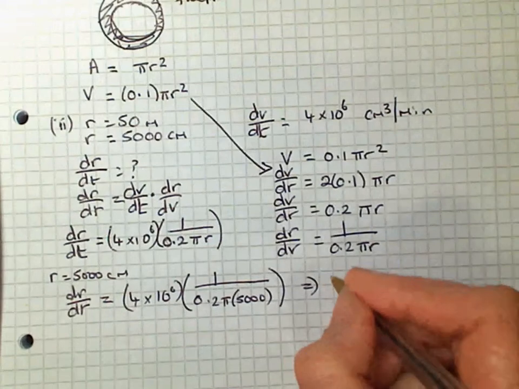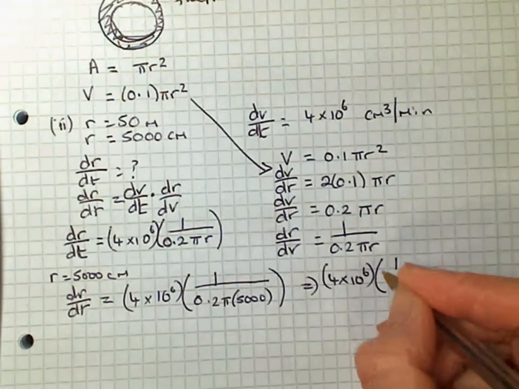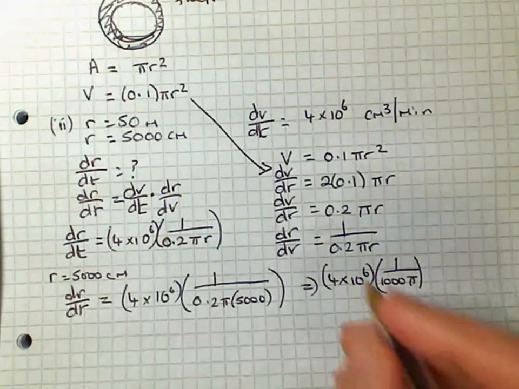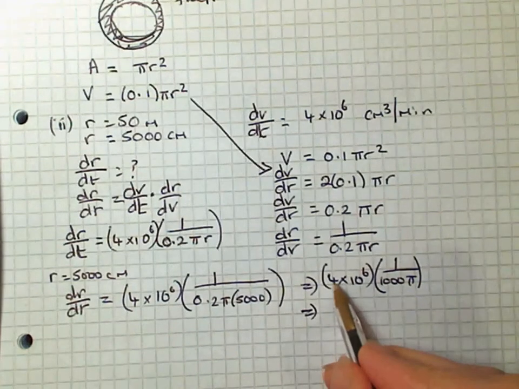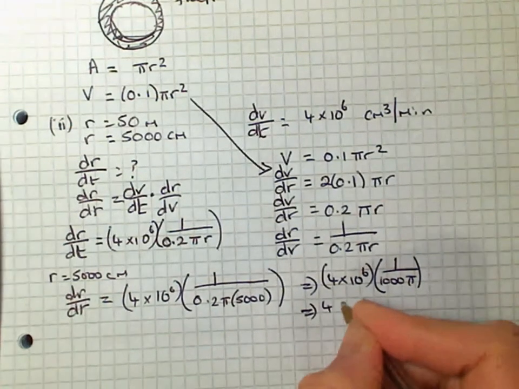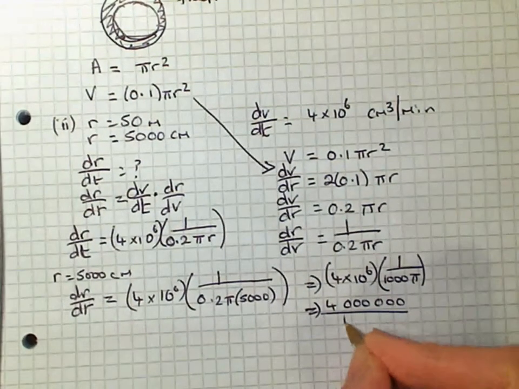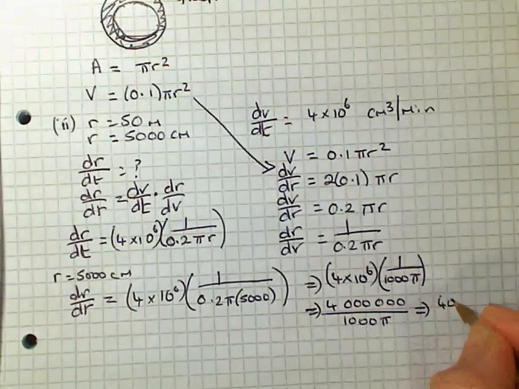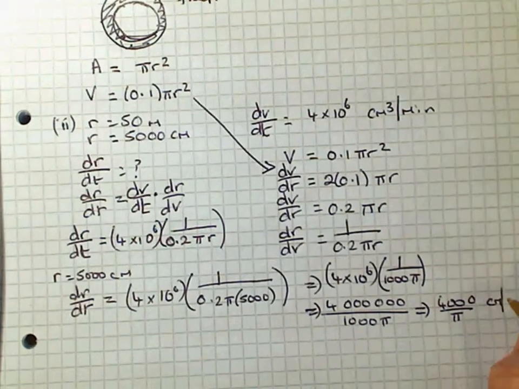And when we simplify that down, we get 4 by 10 to the 6 by 1 over 1,000 pi. And simplifying it down further, and cancelling down, you get 4,000 over pi, okay, centimeters per minute.